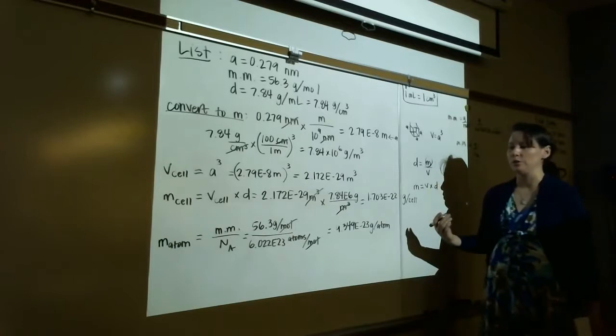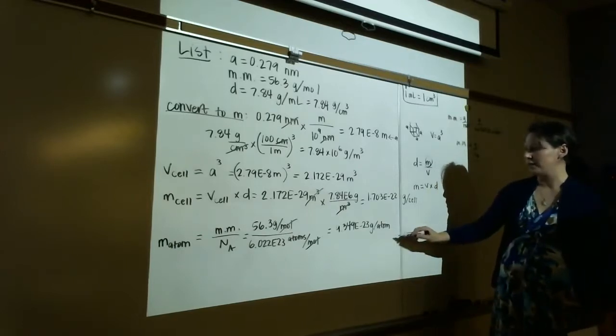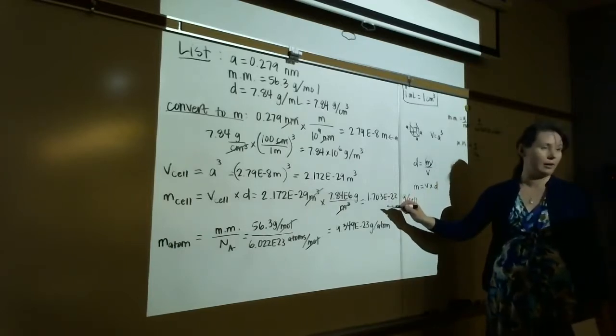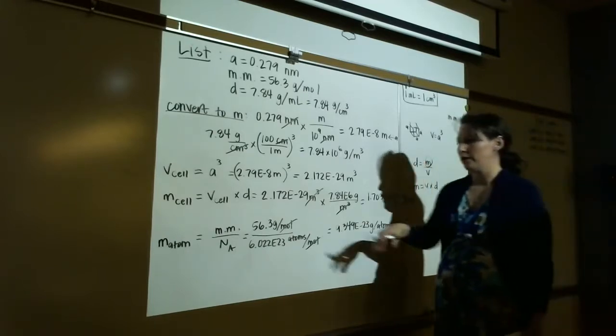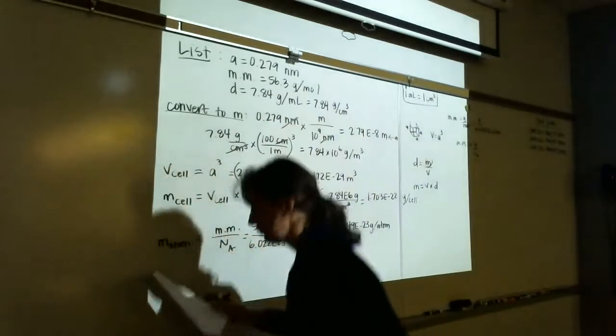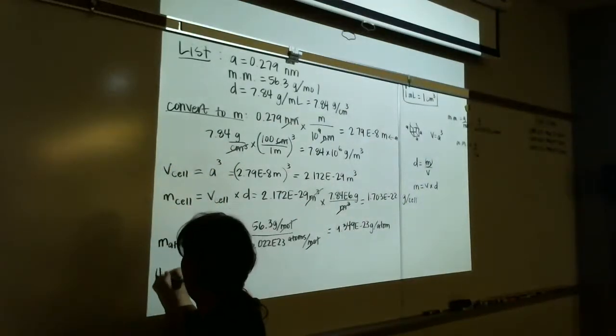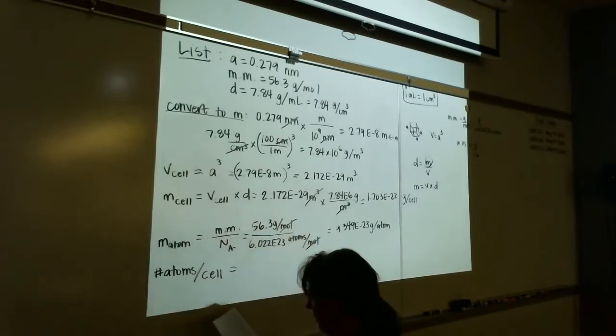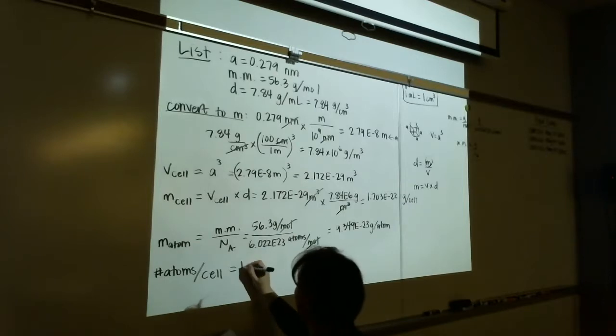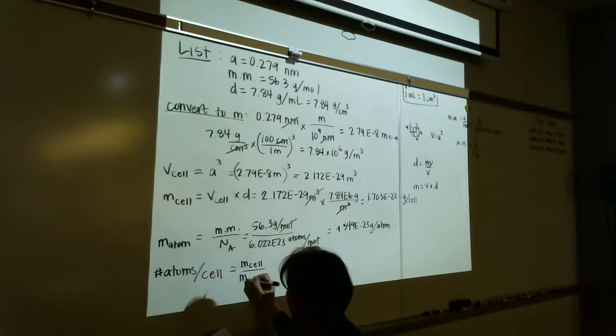So now all we need to do is figure out how many of these fit in one of these. And then that number will tell me the unit cell type, right? So we're just going to divide. Number of atoms per cell: we're just going to divide our two answers that we just got. Mass of the cell divided by the mass of the atom.